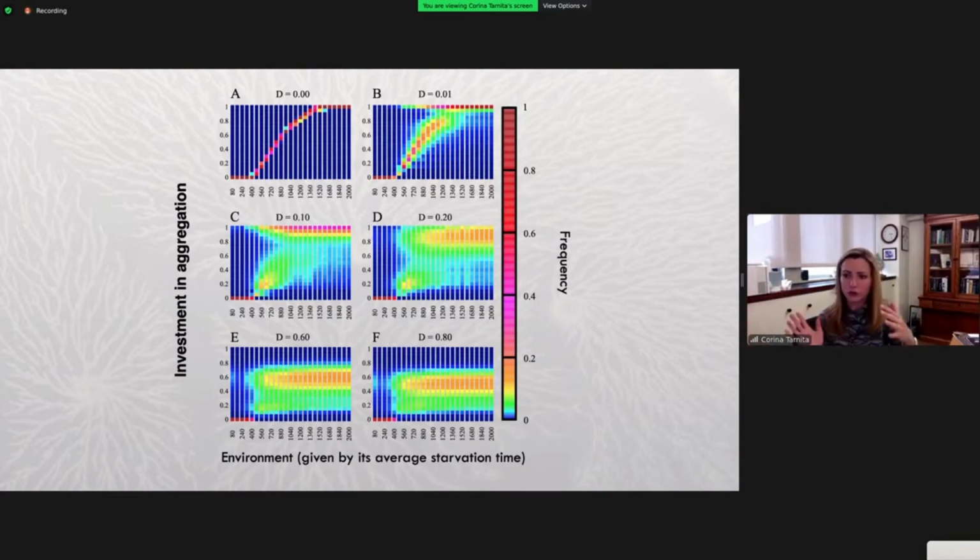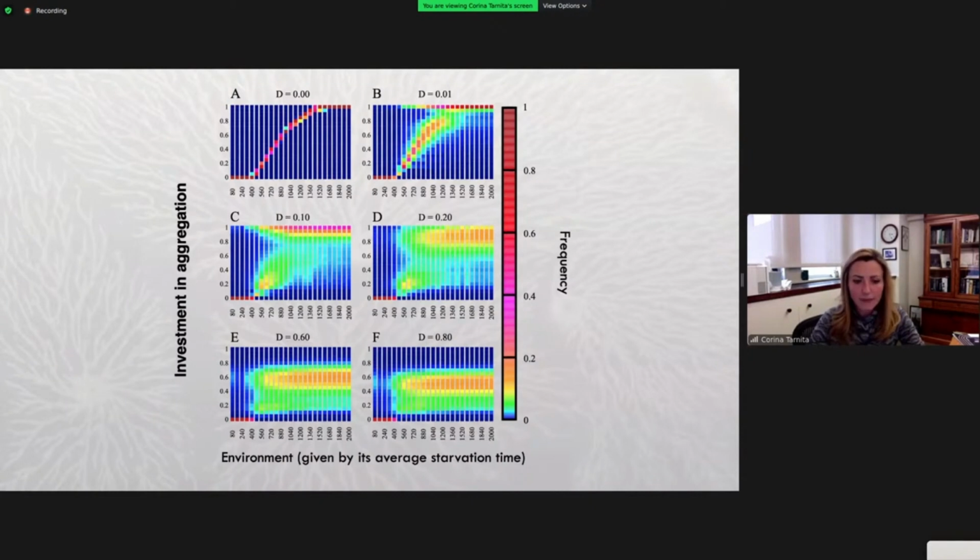So eventually you lose this coexistence at very high dispersal rates, but at small to moderate dispersal rates, you can maintain coexistence in all of these different patches just out of their different local investments in spores versus loners.